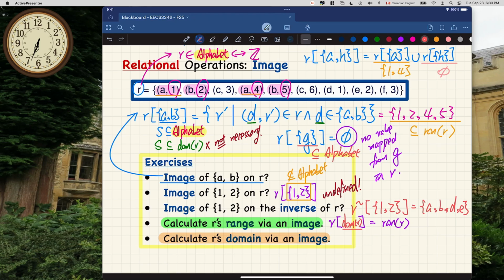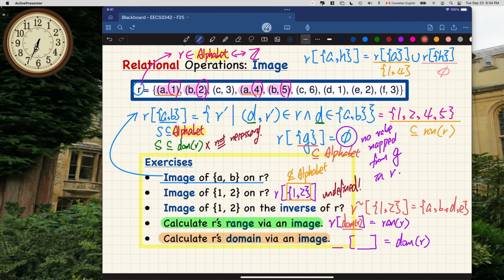How do I also use the image, but somehow I want to calculate the domain rather than the range? Basically, I want to put something here, and then I want to get the domain of R. What should I pass over here, as the relation here and also as the image set over here? R inverse, range. Yeah, you guys are good.